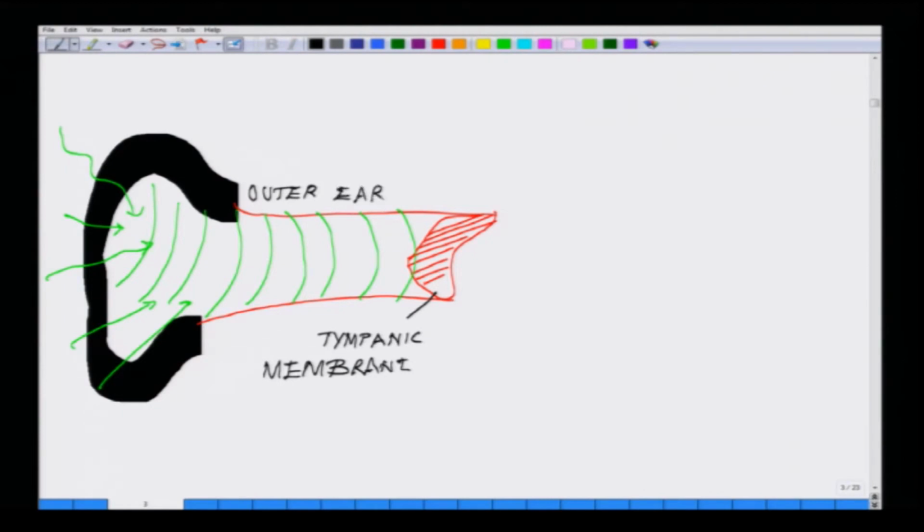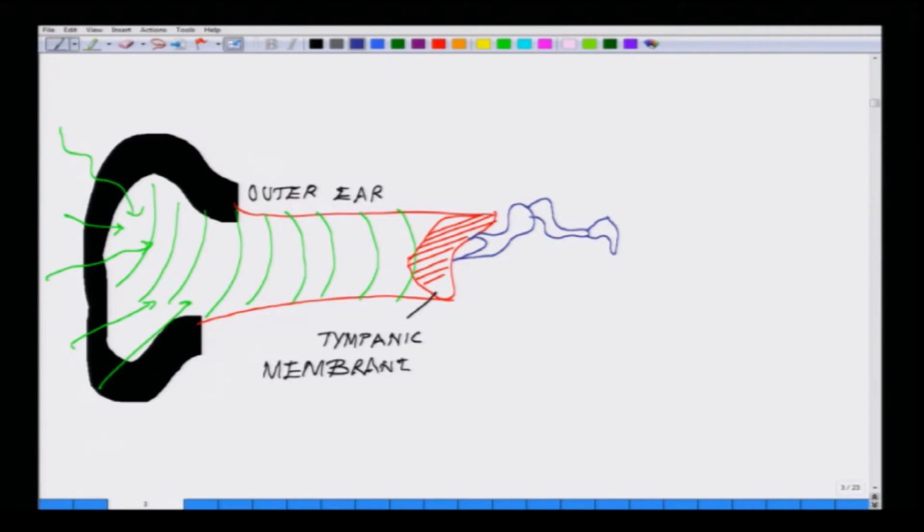Now, the sound wave moves to the middle ear, which consists of 3 different bones. Those bones are arranged like this: malleus, incus and stapes.